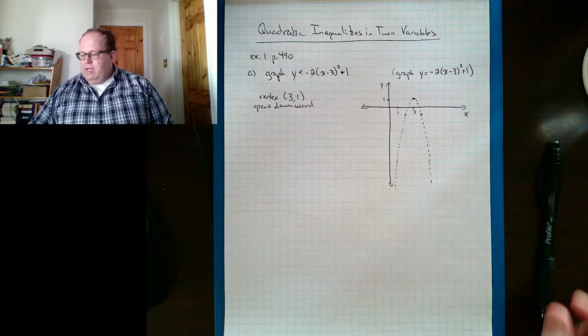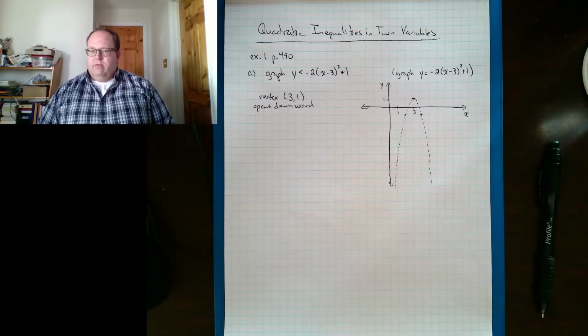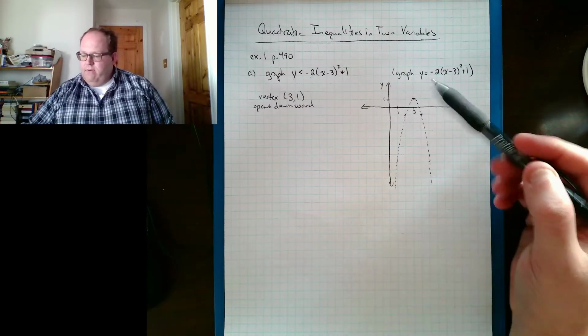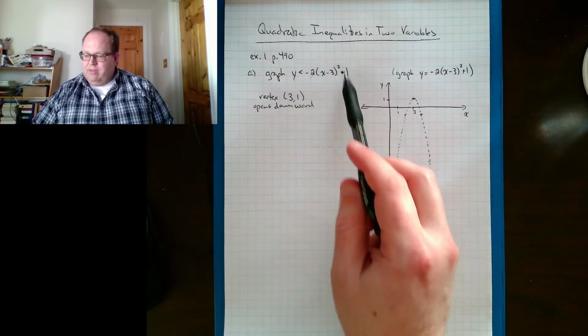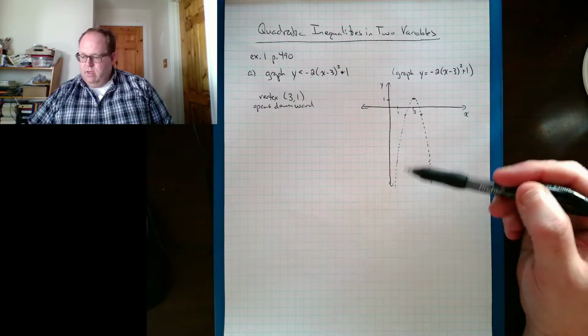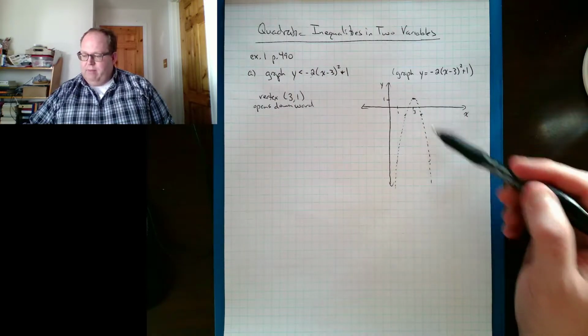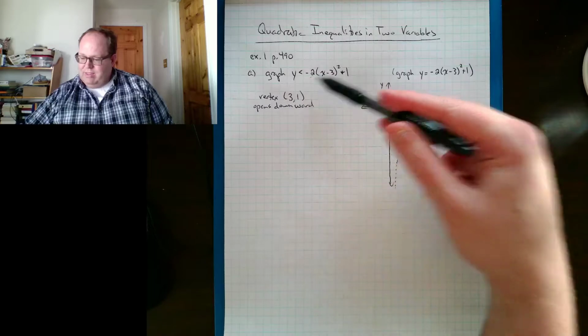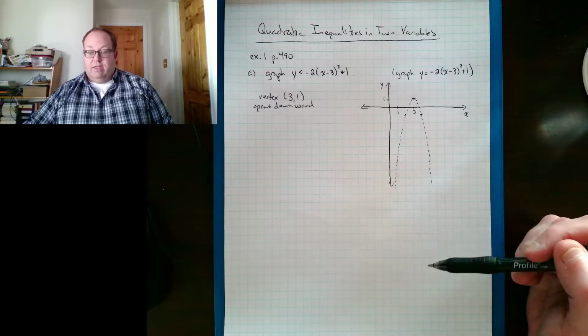And then I need to think about how I deal with the inequality part of this. So if I need my y values to be less than these, everywhere along the dashed line my y values are equal to those values. So if I need my y values to be less than that, that's going to be the area underneath the line.